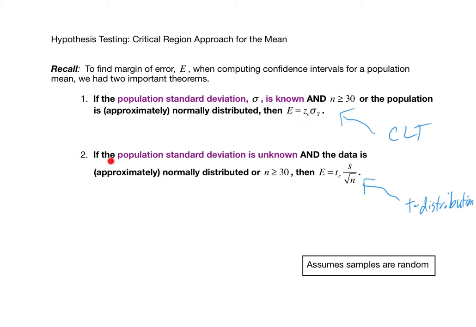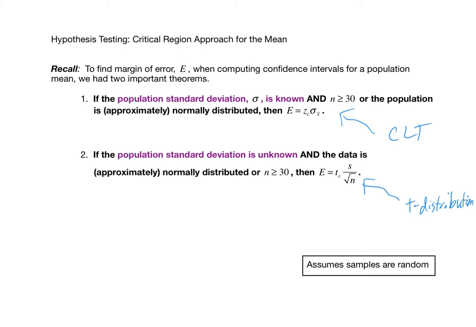In the other scenario, if the population standard deviation is unknown, and also the data is approximately normally distributed or n is greater than or equal to 30, then we use t sub c in our formula, the critical values from the t distribution.